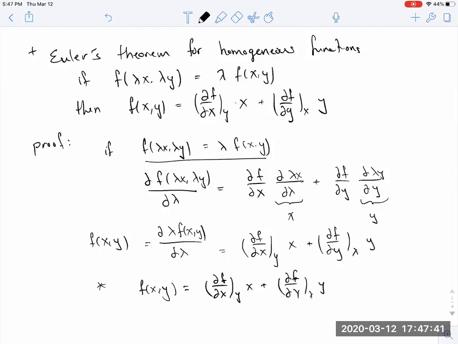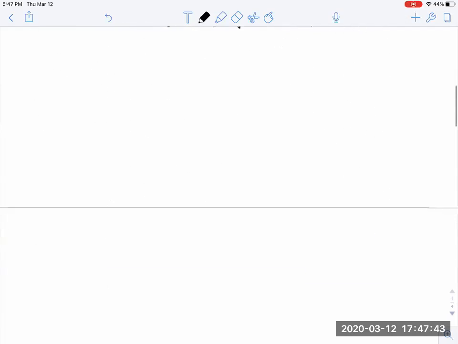Okay, again, that's math. Why we care is that things like the energy are first order homogeneous in its variables.